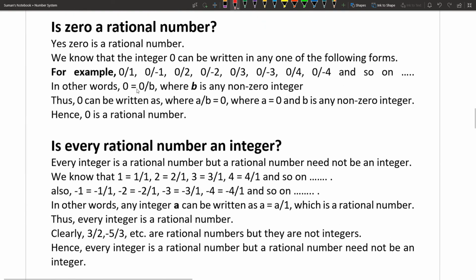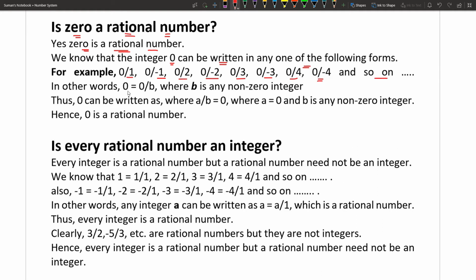Next question arises in mind: is 0 a rational number? Yes, 0 is a rational number. We know that the integer 0 can be written in any one of the following forms: 0 by 1, 0 by minus 1, 0 by 2, 0 by minus 2, 0 by 3, 0 by minus 3, 0 by 4, 0 by minus 4, and so on.